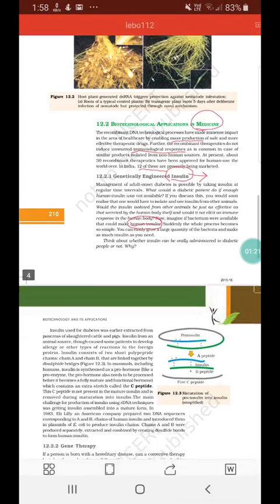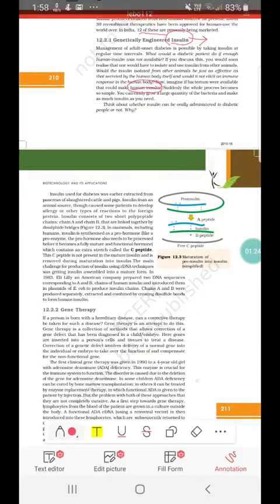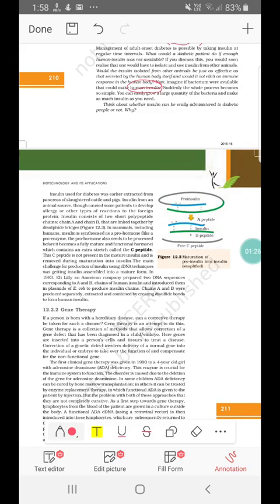bacterial cell. So firstly, let us look at the structure of insulin, what all has been discovered. There is firstly a proinsulin formed, which contains this portion you can see in between, this gray portion. It is called C-peptide. The proinsulin contains the C-peptide, which makes it inactive in nature.